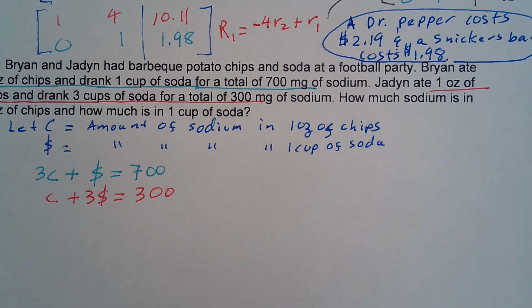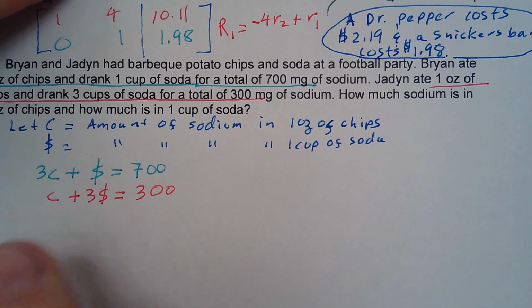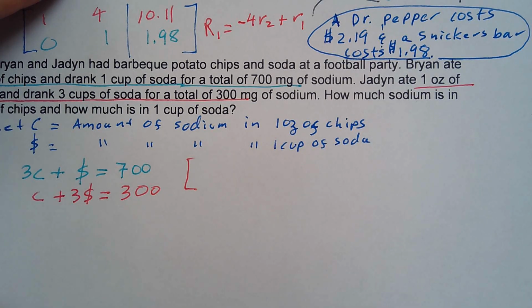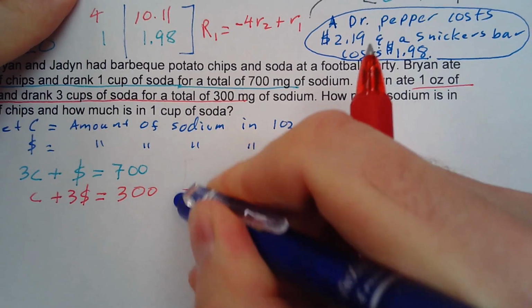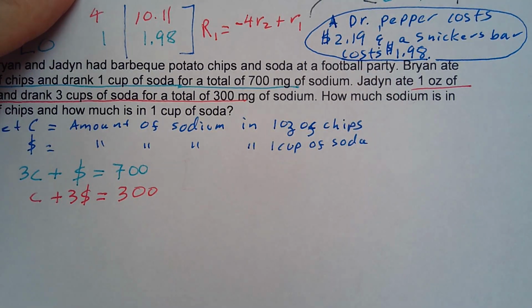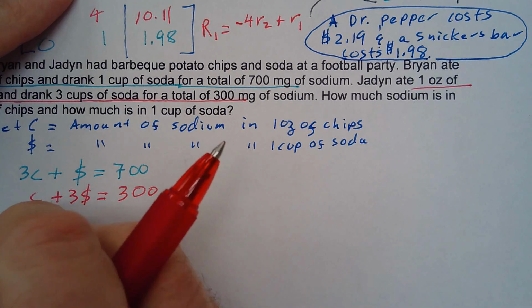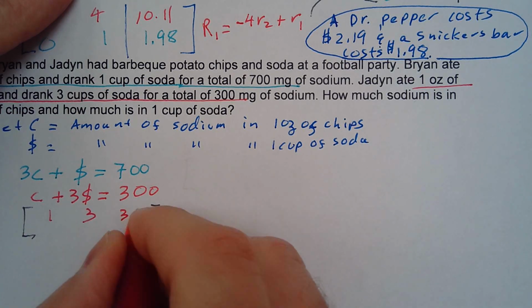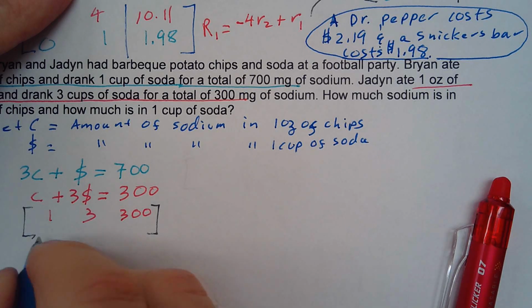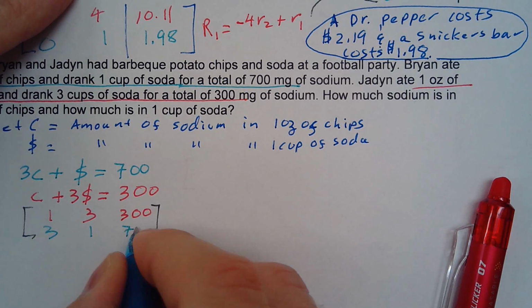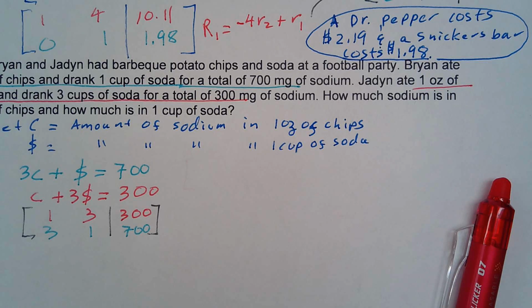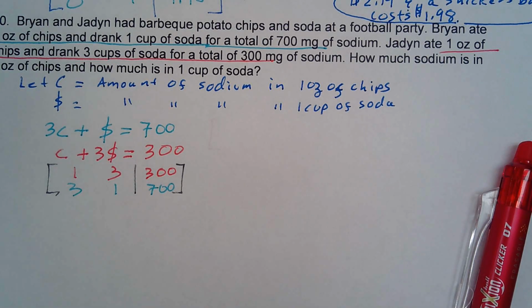Just make life a lot easier. Because I already got 1 for that C. So when I write my matrix, I'm going to put this one backwards. I'll put 1, 3, 300. 3, 1, 700. That way, step number 1 is already done. I've already got a 1 in the upper left corner.